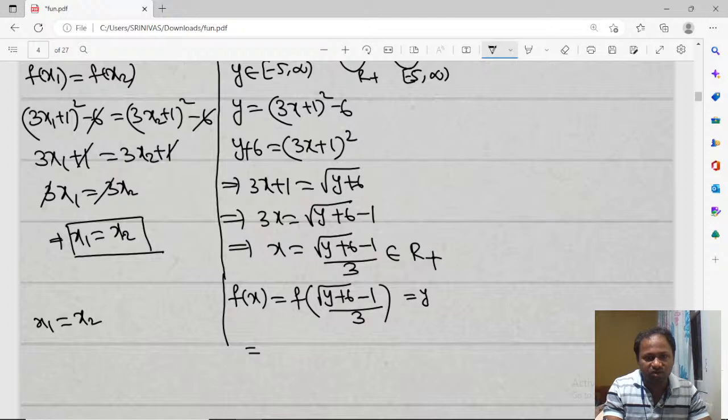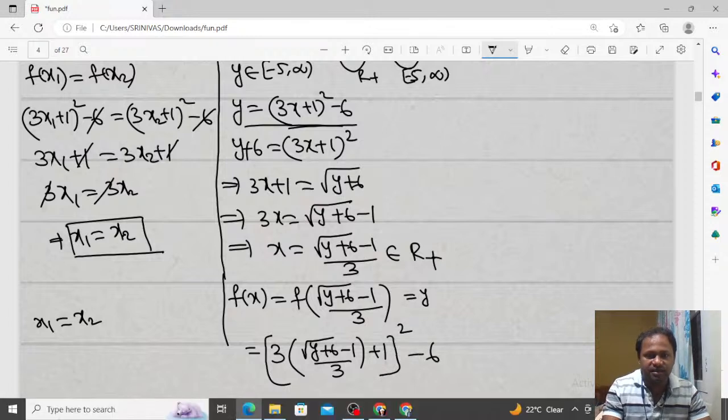By substituting, it will be in this form: 3 into x, where x is (√(y+6) − 1)/3, plus 1 whole square.